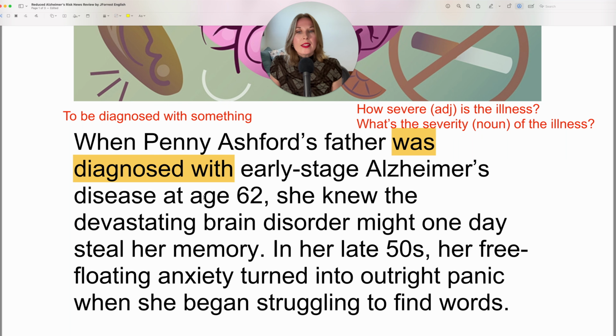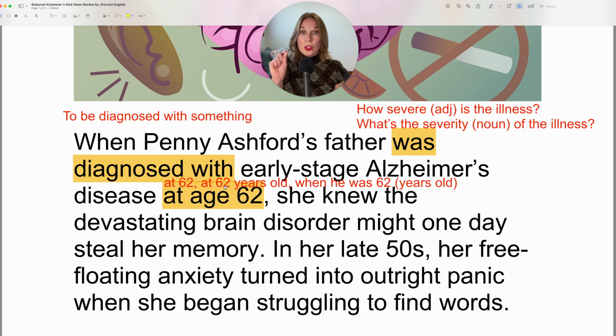So at age and then 62. Notice the sentence structure here. You could also say at 62 or at 62 years old. You could use years old if you did not use the word age. This is a more formal way of using it, at age 62. I wrote those two options for you.